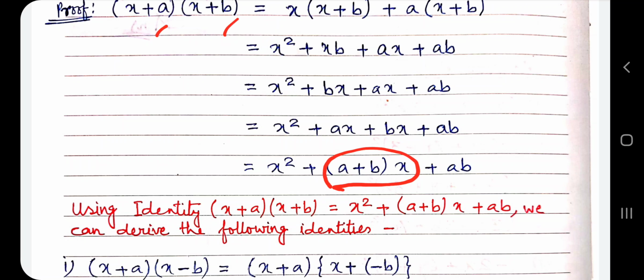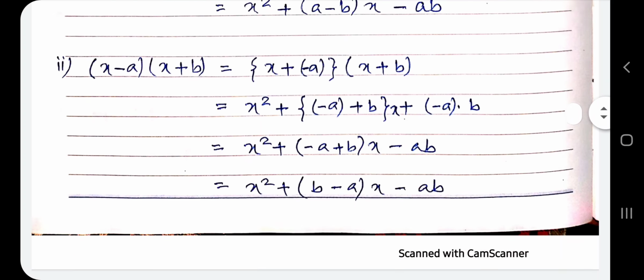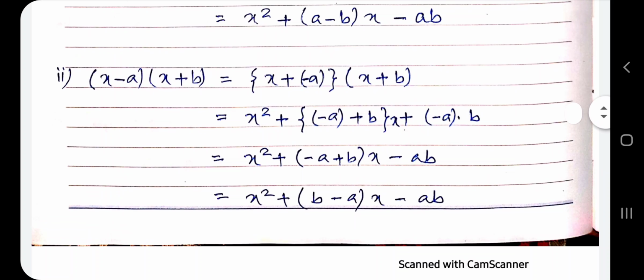So here, x square plus the middle term will be constituted by minus a and plus b. That's why here it is written minus a and plus b, and outside x exists. Then plus minus a into b.